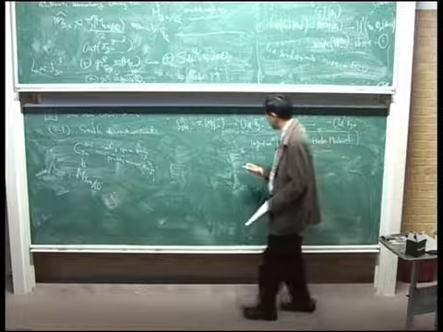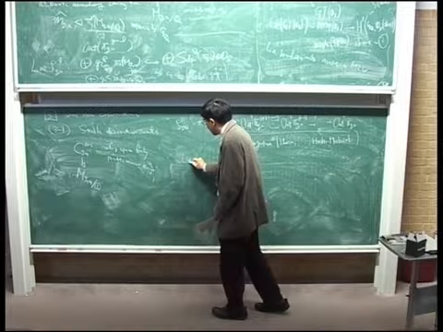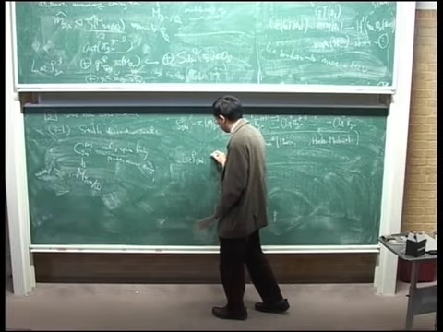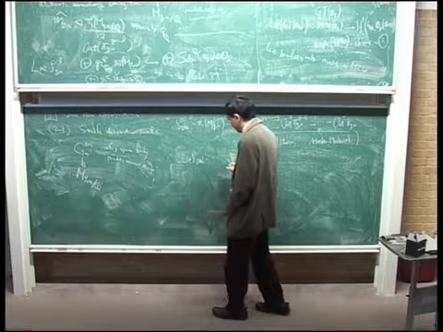Then one may consider Lie versions of this map.